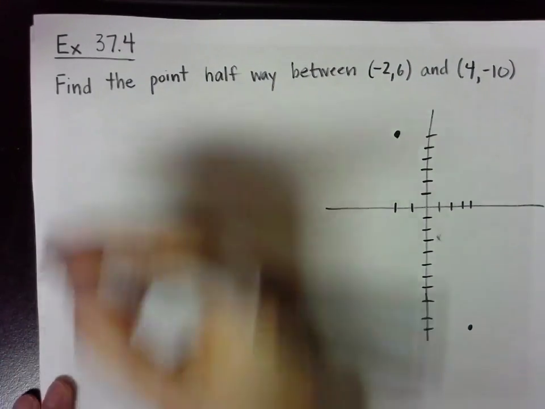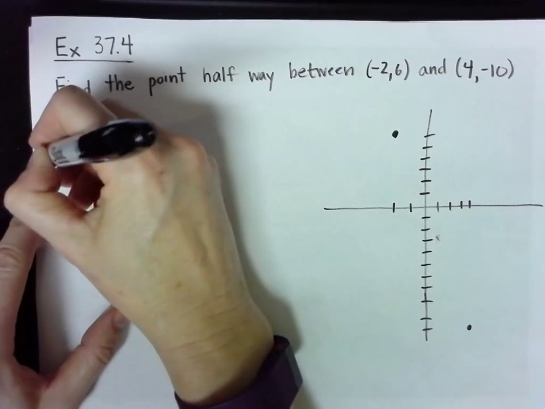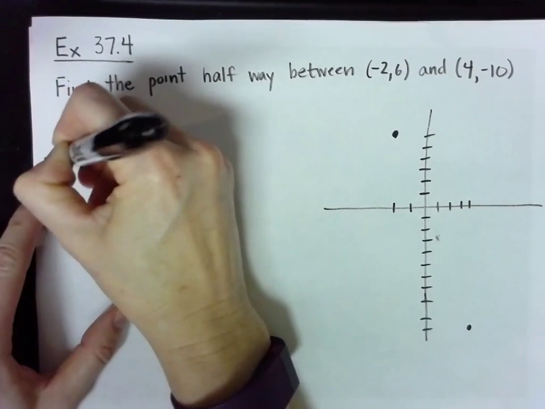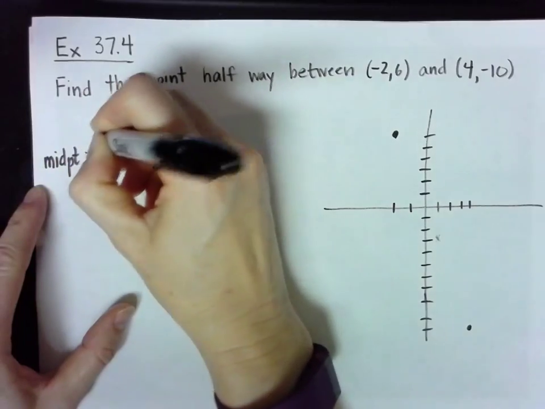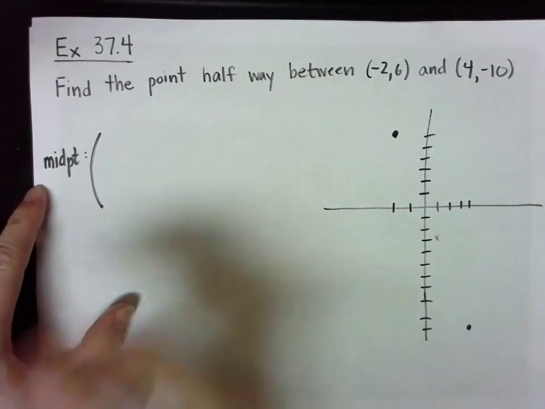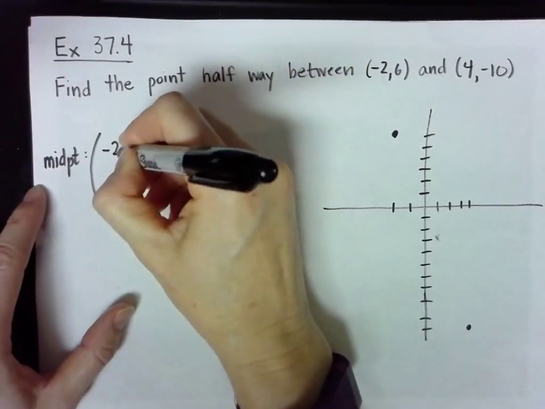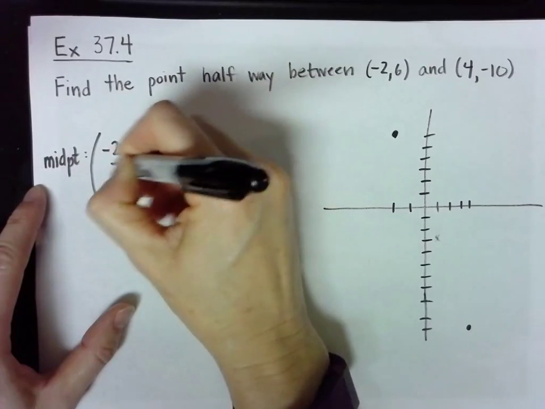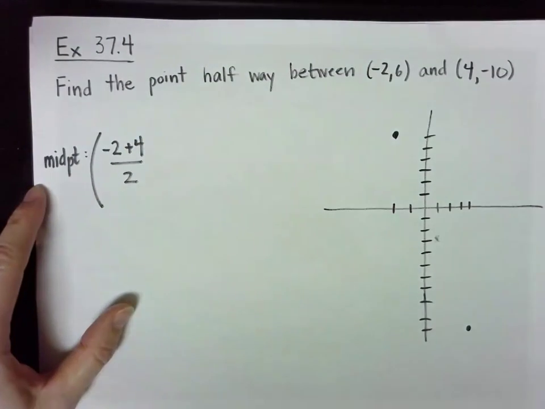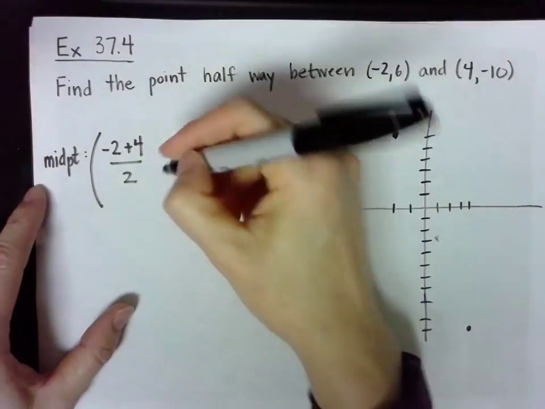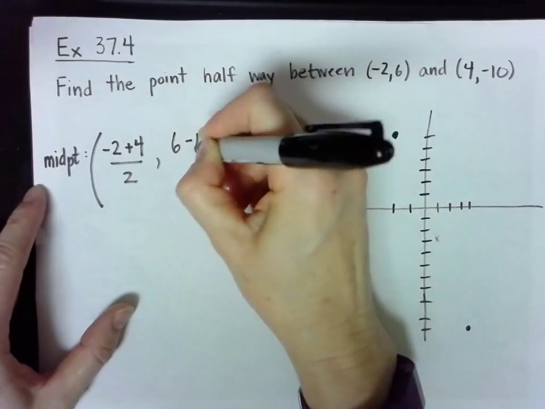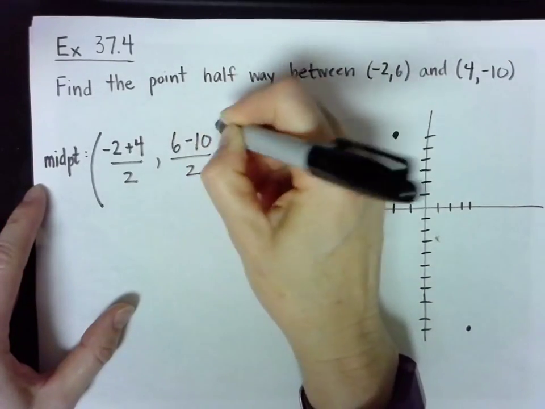Okay, so for the midpoint, the x-coordinate should be adding the two x-coordinates and dividing by 2. And the y-coordinate should be adding the two y-coordinates and dividing by 2.